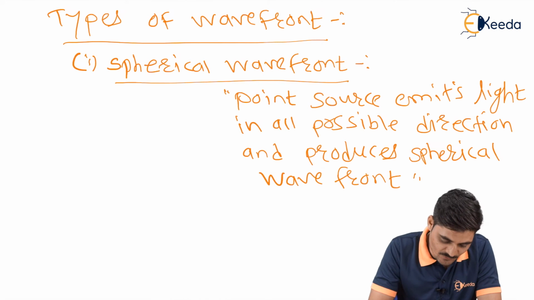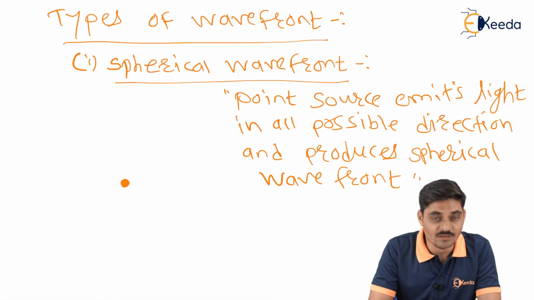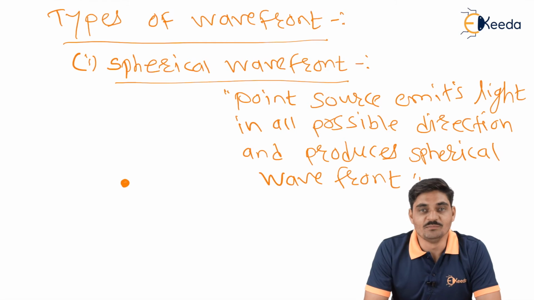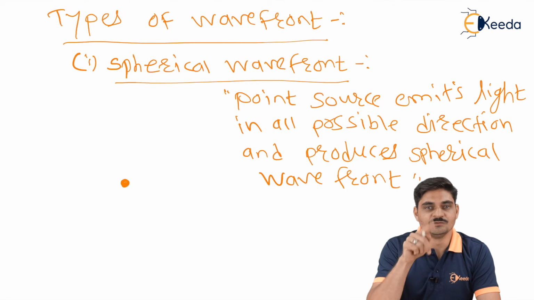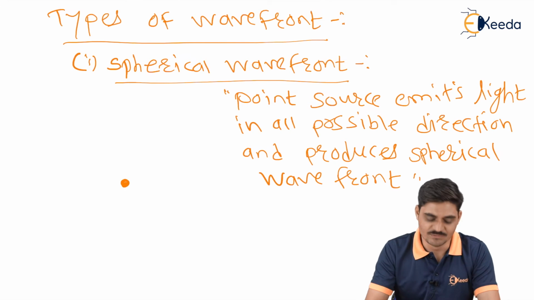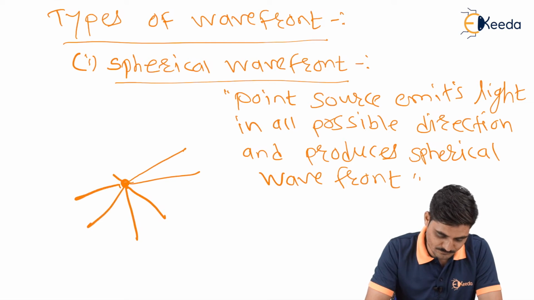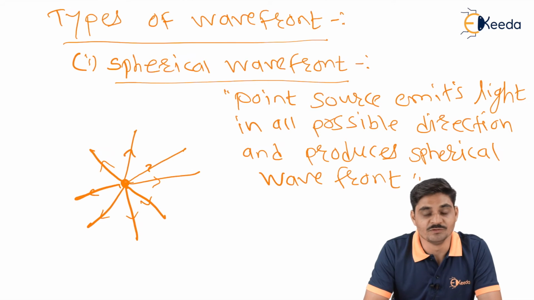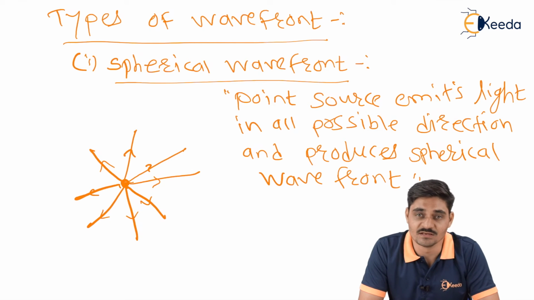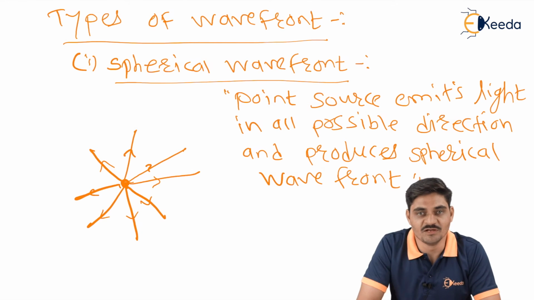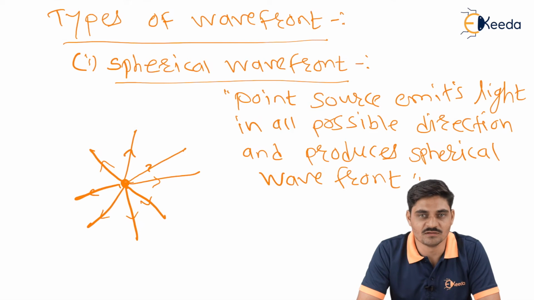If I have a point source, it will try to emit light in all possible directions, vertically, horizontally, and all possible directions, like this. In the plane of paper, it might look like a circle, but it's not a circle. It's a sphere.